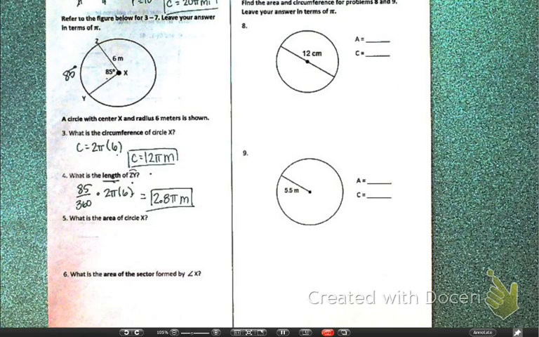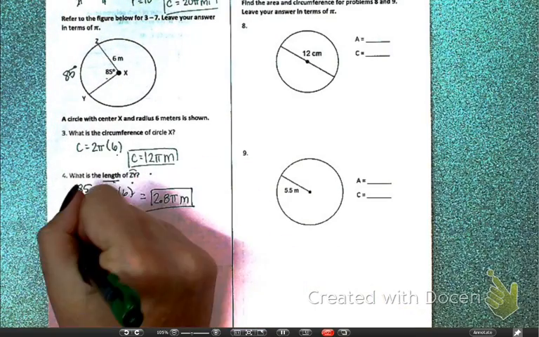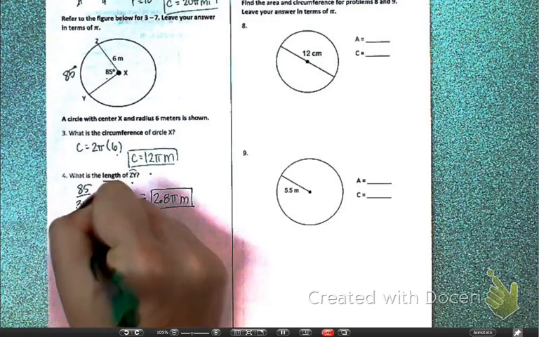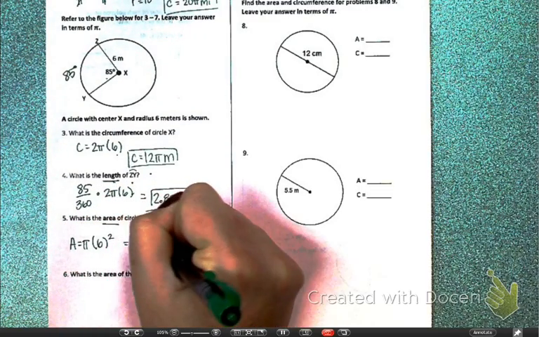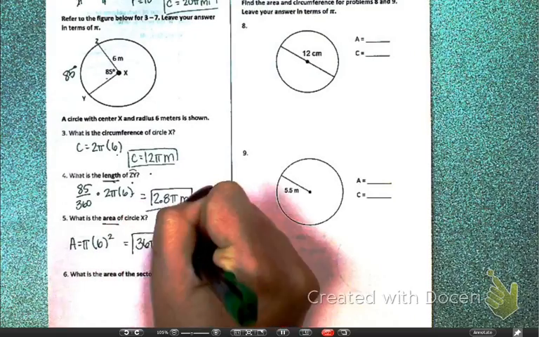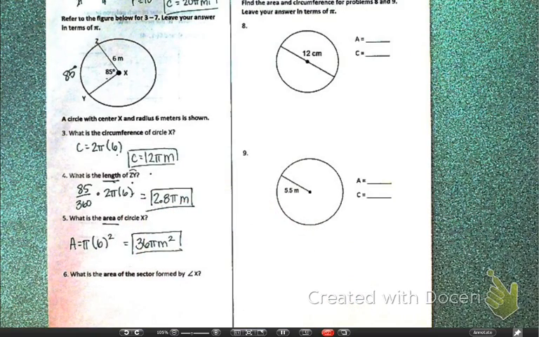Number 5, what is the area of the circle? So area equals pi times the radius squared, or 36 pi meters squared. Number 6, what is the area of the sector?